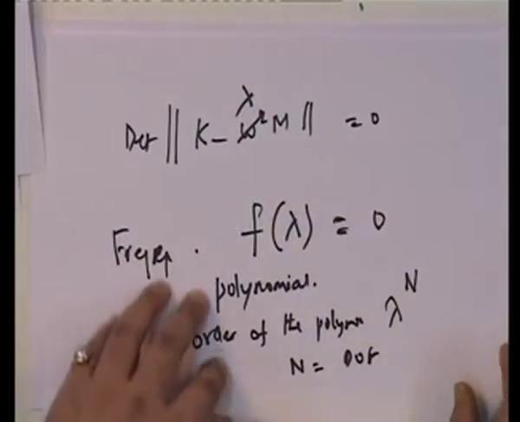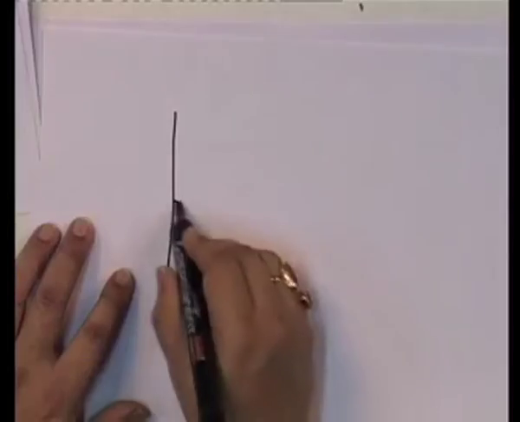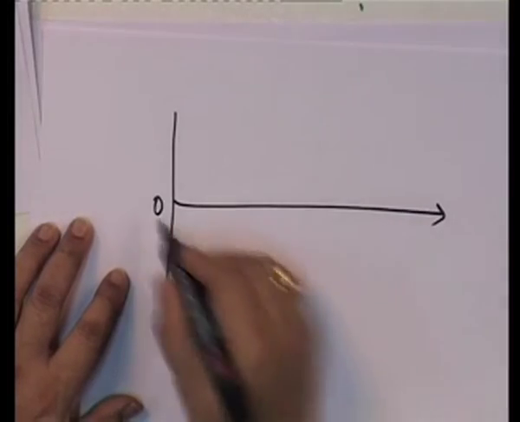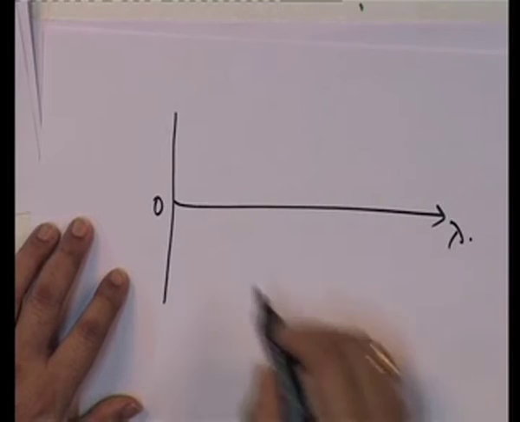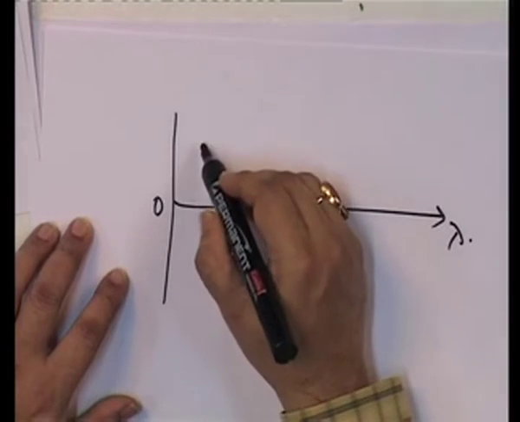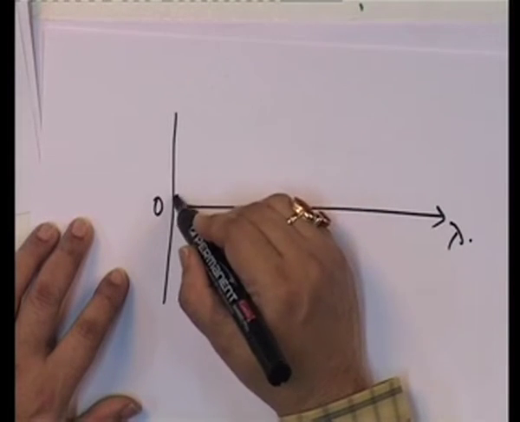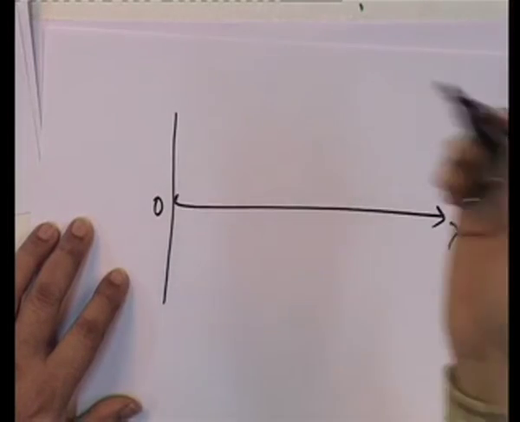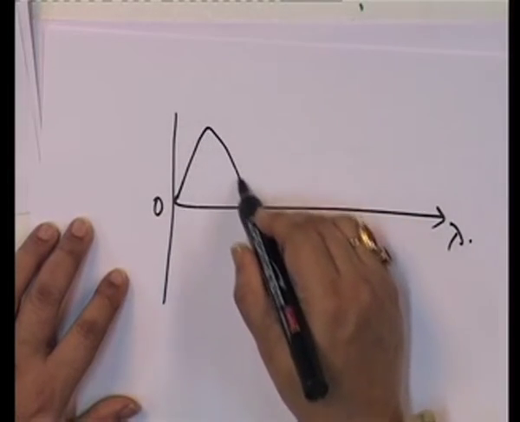In other words, if you look at it pictorially, what we are doing is a polynomial function in the lambda space. At 0, this is always 0.